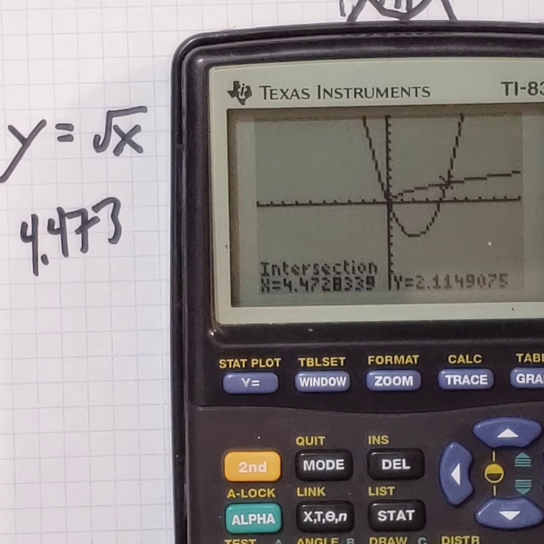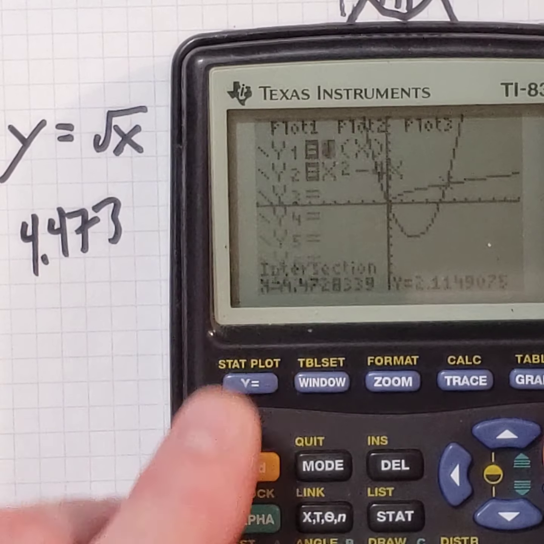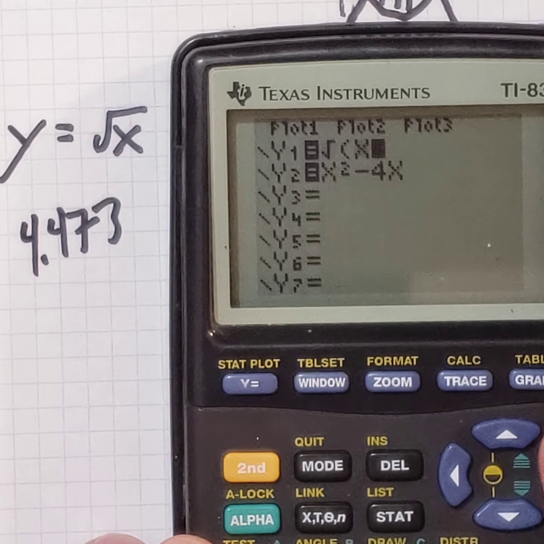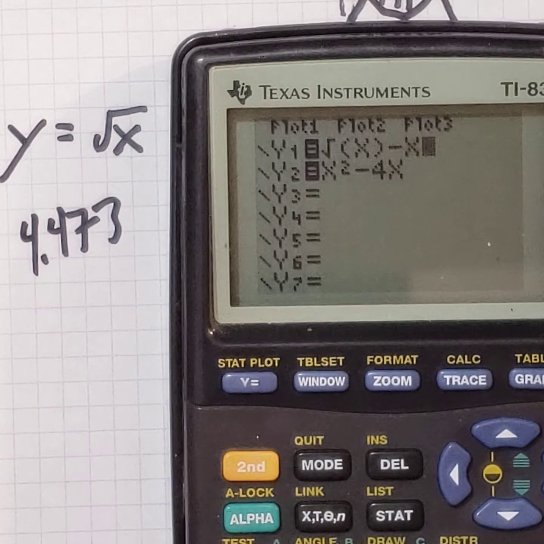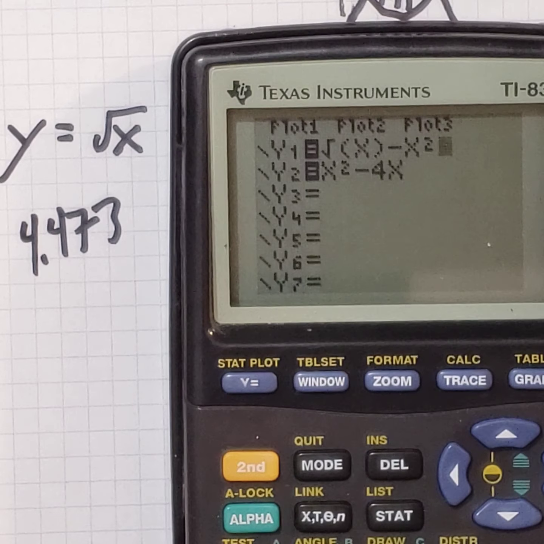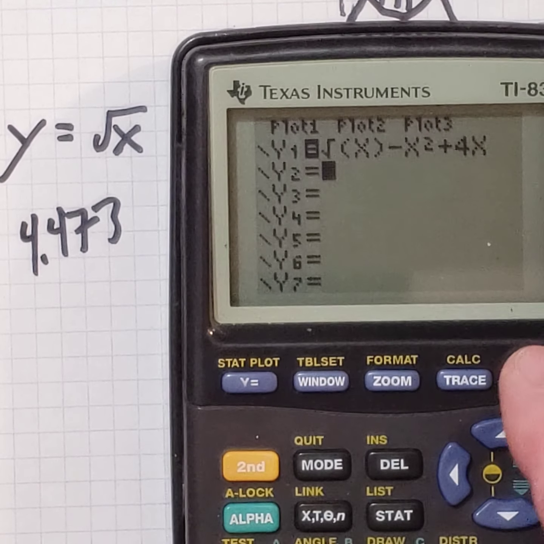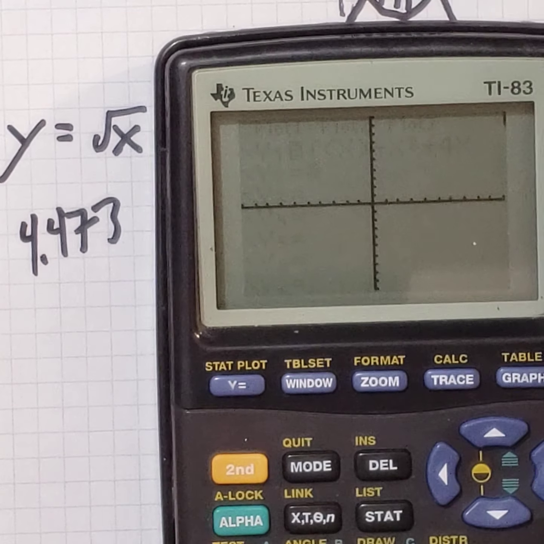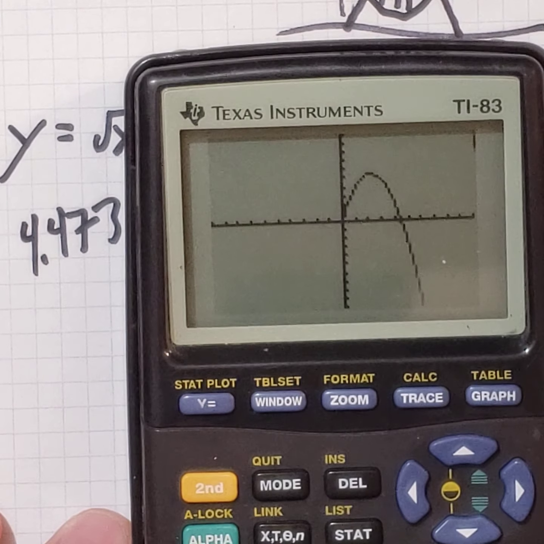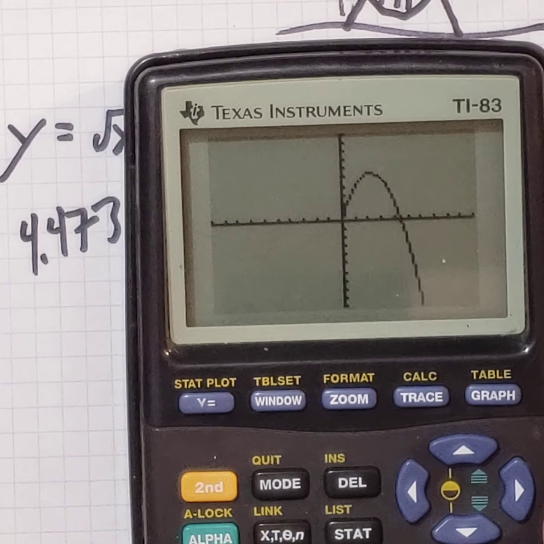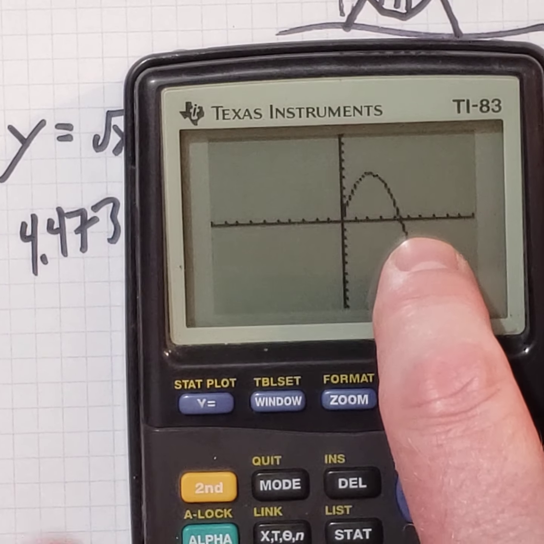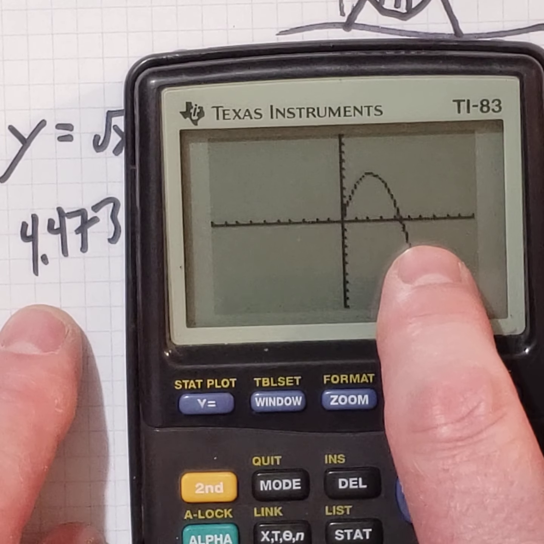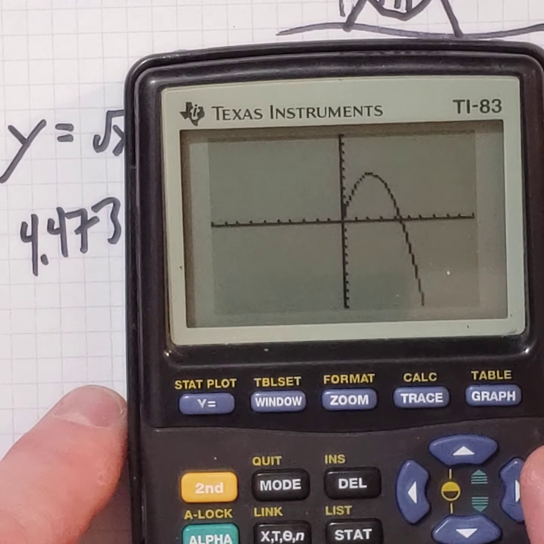Again, to find the area of the region, we need to go back and put the top curve minus the bottom curve. So that'll be square root of x minus x squared, and then minus negative 4x, so plus 4x. And get rid of that second curve. And when we go back to our graph, we should see that region sort of slump down to the x-axis with our x-intercept of that number, 4.473, which looks about right, I guess, a little less than 4.5.